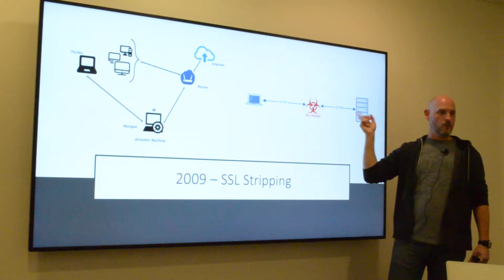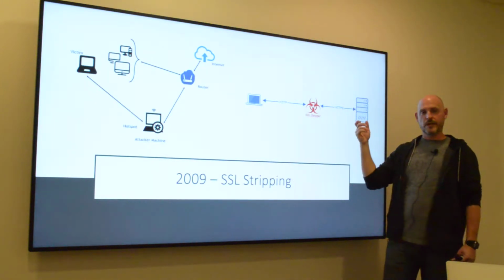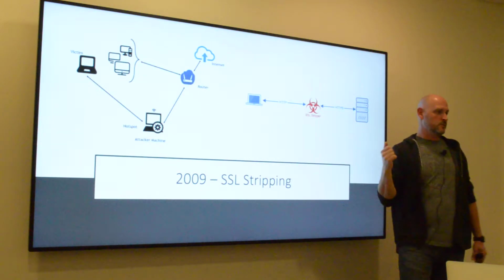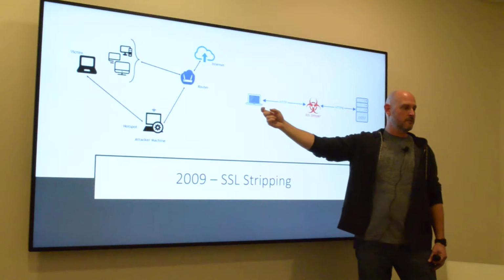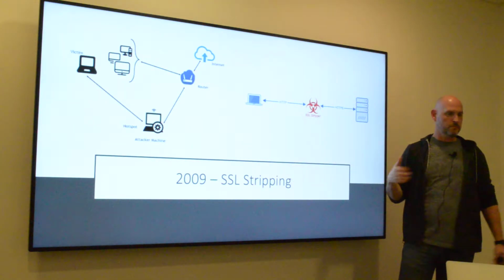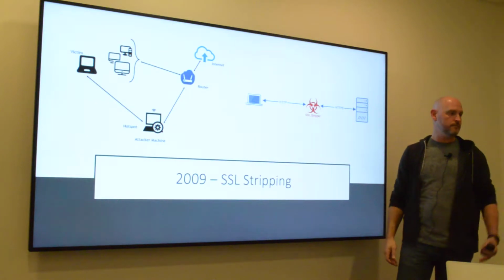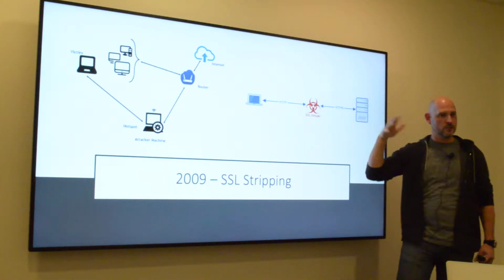There's a workaround, and the workaround isn't specific to SSL, but it's related. There's an HSTS header that servers can now send that essentially says, if you're a client, I'm not going to allow you to communicate with me without using a secure channel. So you can actually force secure communication.